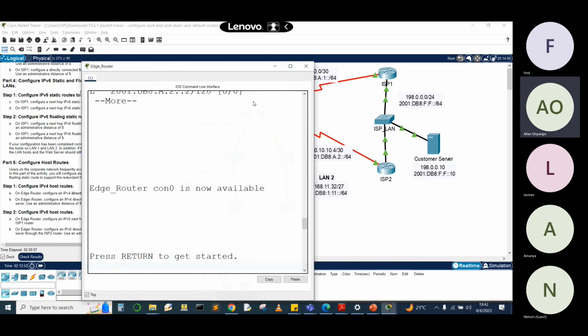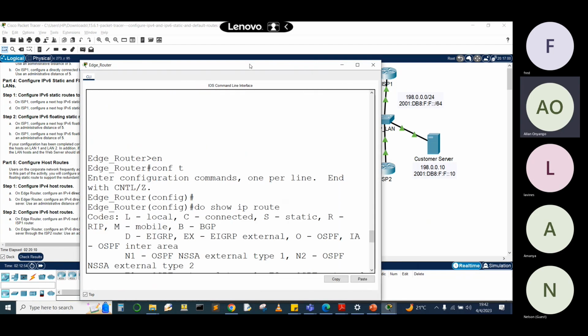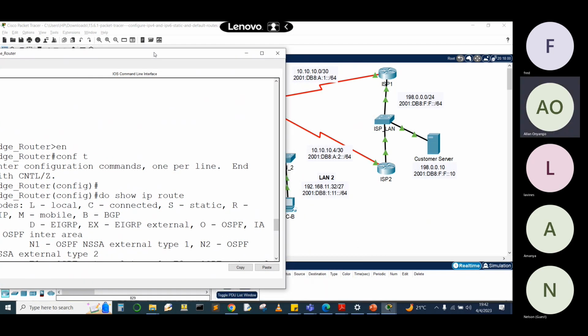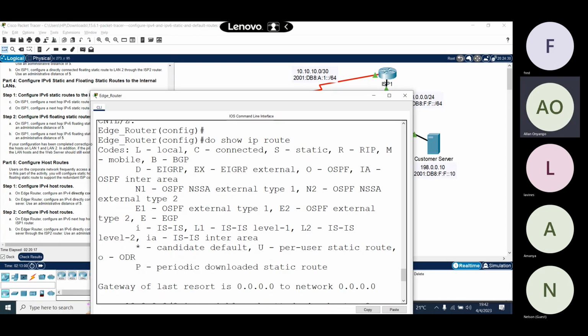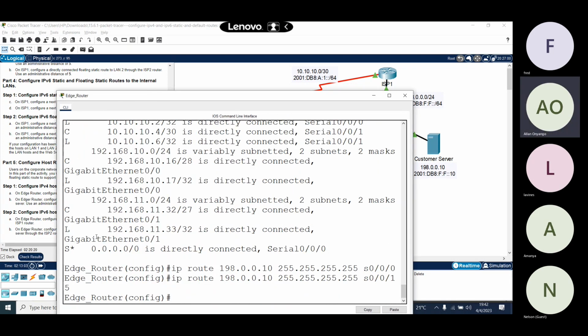So let's go to the edge router and finish this in style. Remember, we are still configuring a host route, an IPv6 host route. So you say ipv6 route. We need to put the IP address of the server, which is right here, 2001:DB8:F::10, and it should be /128, correct?